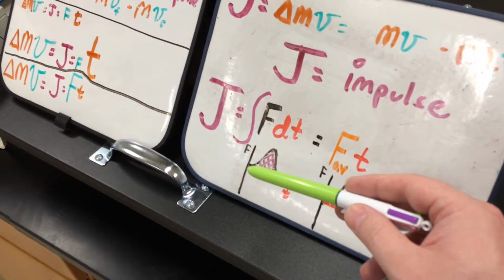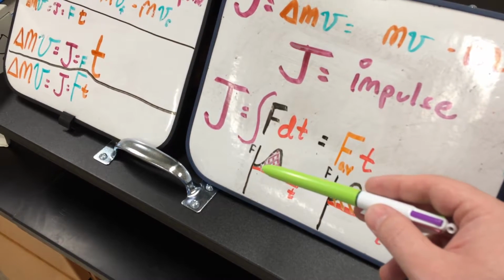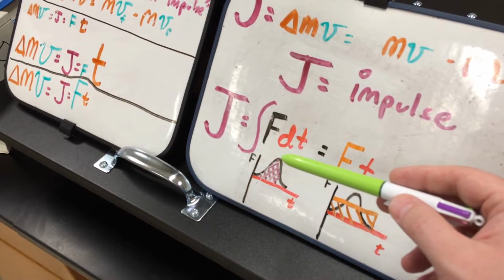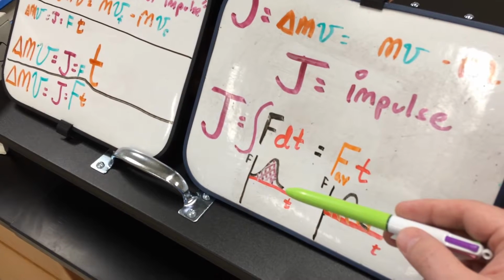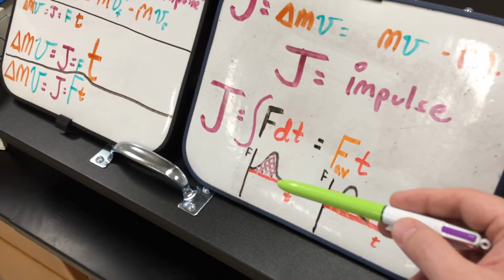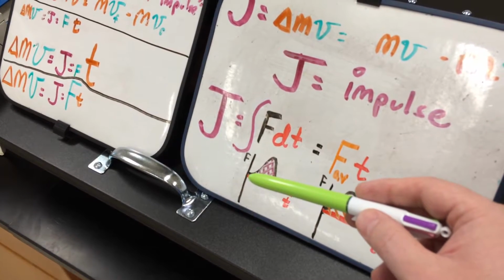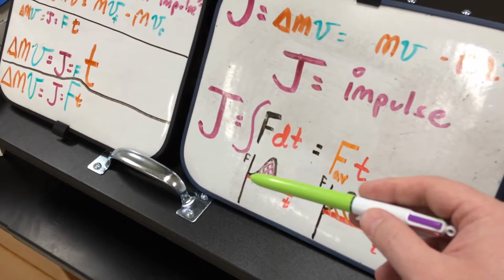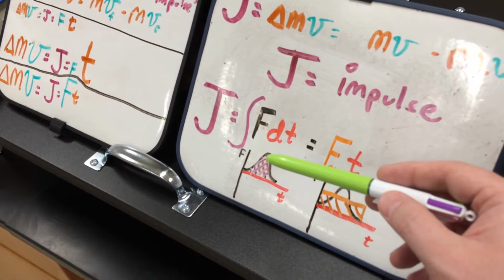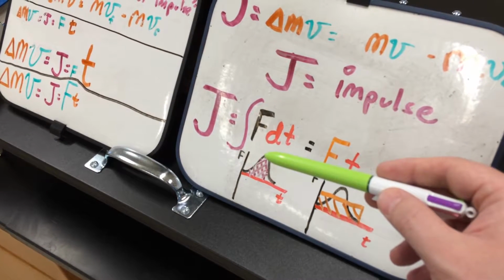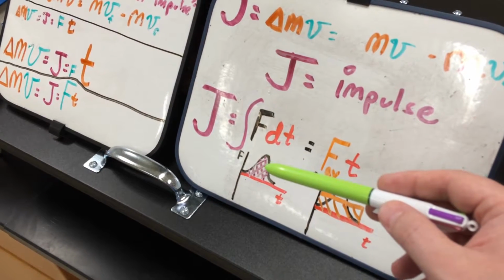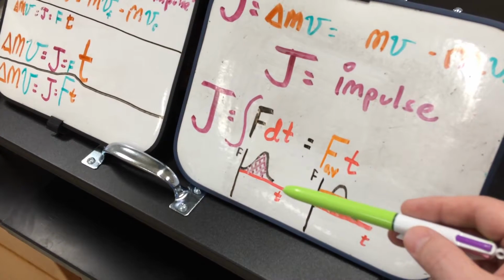This is clearly not a constant force. It's small, it increases to a peak, and then decreases back to small. This is actually the force you get when a tennis ball bounces off the ground. As the ball is coming into the ground, it starts to smush, and the more it smushes, the more force there is. Here's where it bounces back up, and it gets less and less smushed, and it leaves, and the force goes to 0.